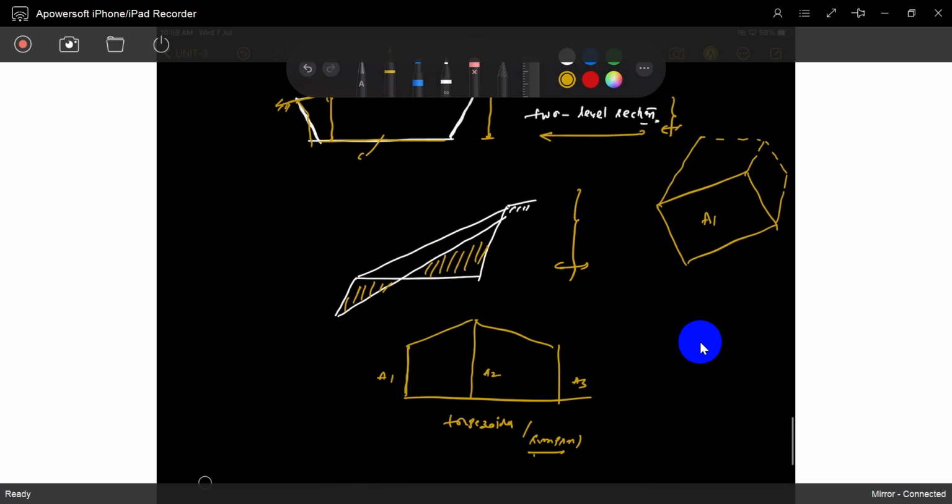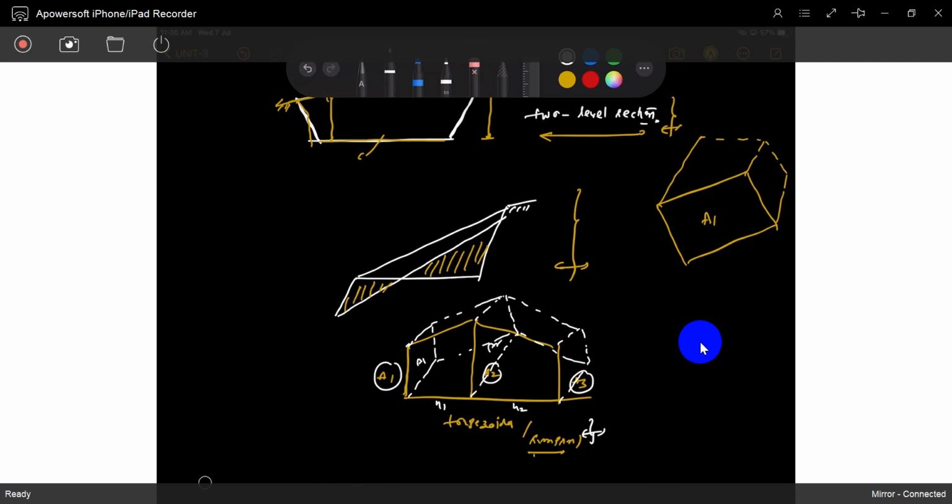If you see it in three-dimensional view, this is area 1, this is area 2, this is area 3. That is the volume. We have to find out the total volume. With interval distance h, you can use Simpson rule or trapezoidal rule, and you can find out the volume.